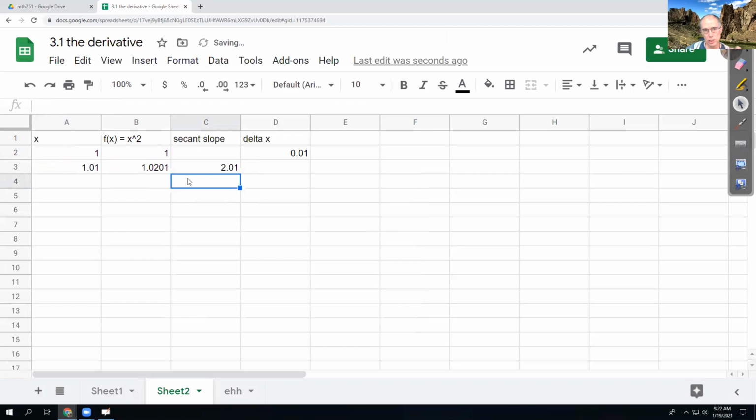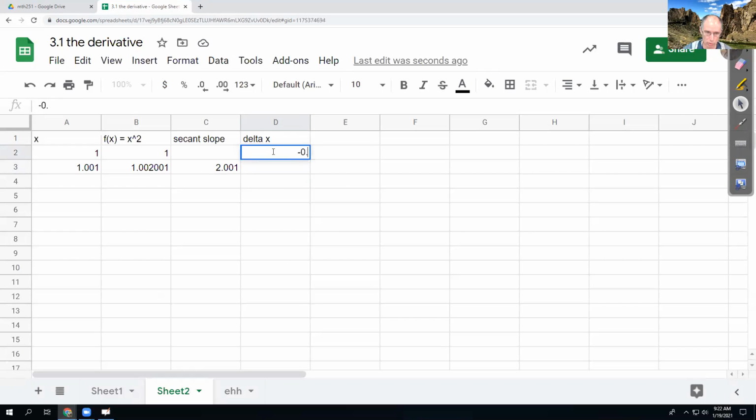So here we can see just what the algebra showed us, that, hey, look, it's 2 plus delta x, right? 2 plus 0.01. And if I change that to like 0.5, then it should be 2 plus 0.5. And if I change this to 0.001, then it's 2.01. Now, delta x could go the other direction from the x value, so I could have a negative delta x.